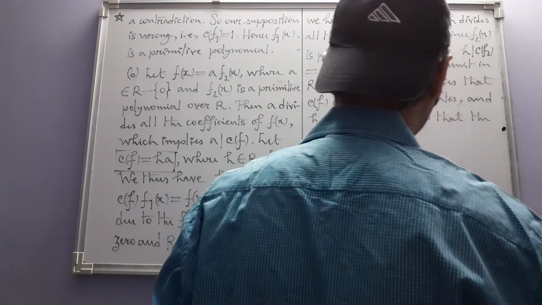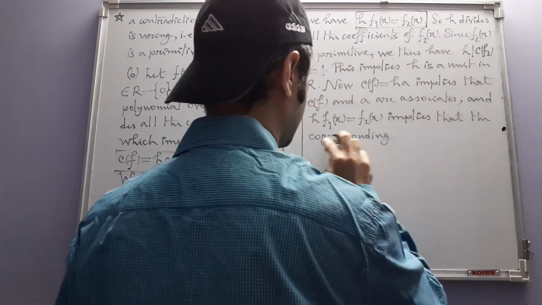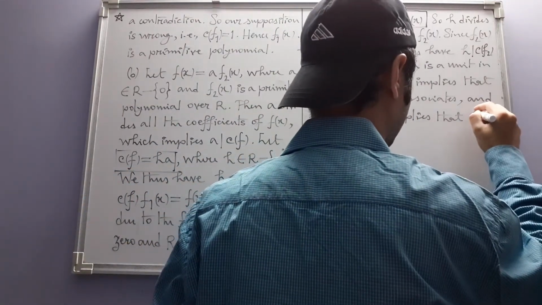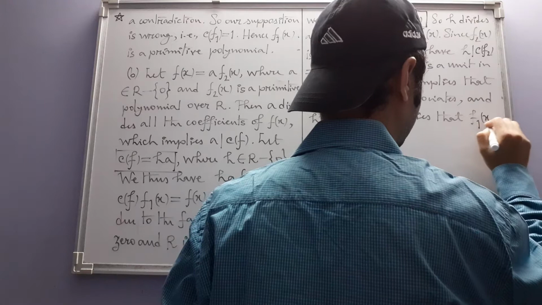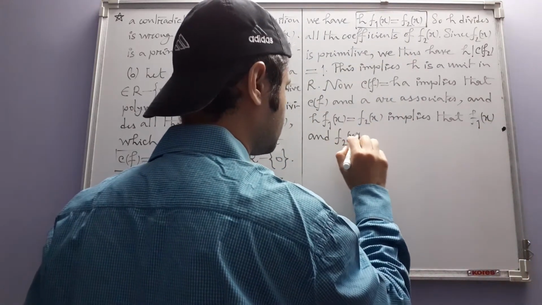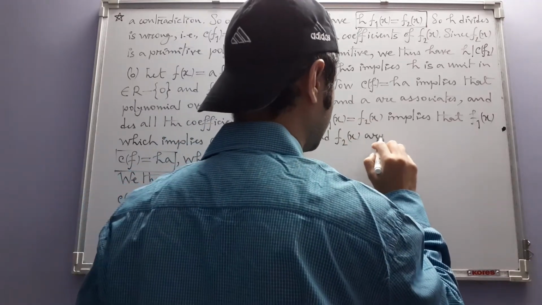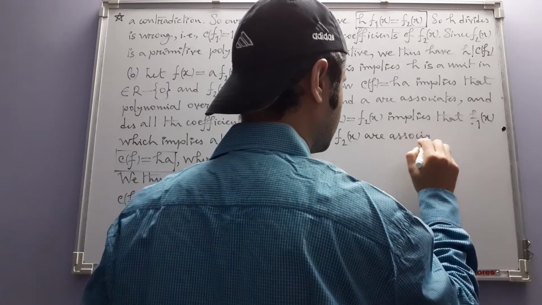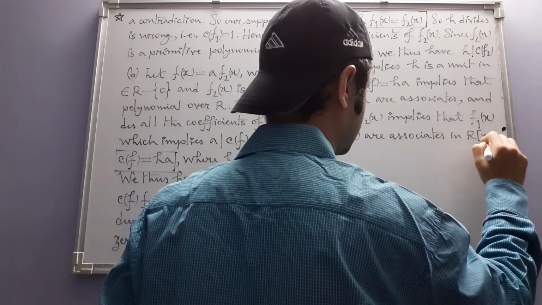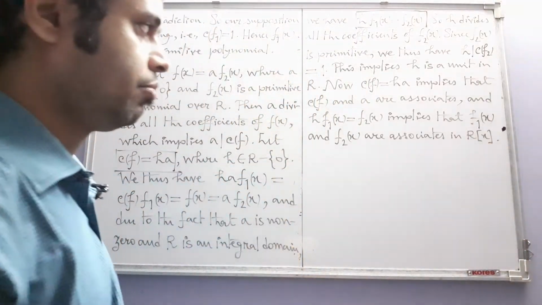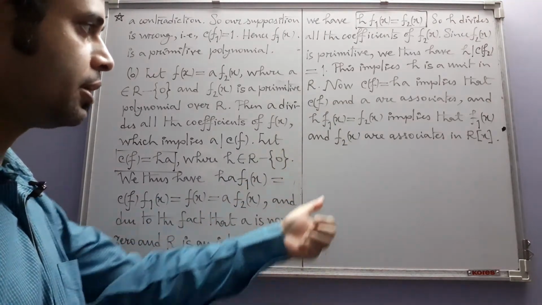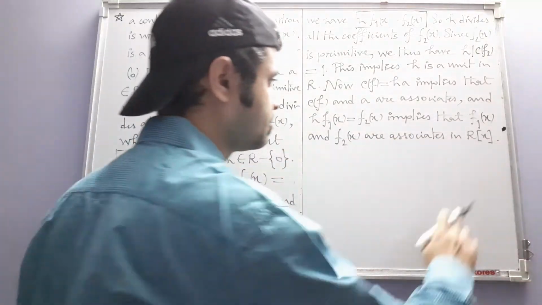In fact, I think that will be better, implies that f1(x) and f2(x) are associates in R[x], keeping in mind that this unit H in R is also automatically a unit in R[x].